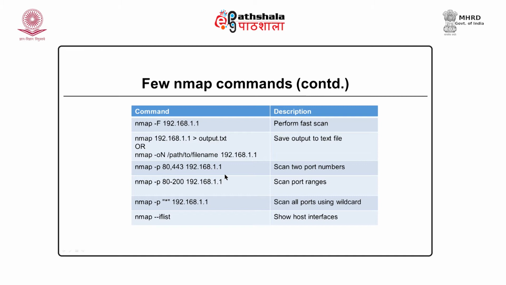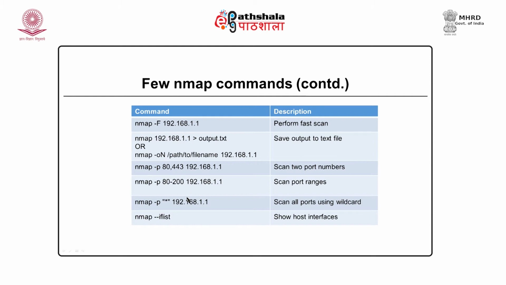Suppose I want to scan 2 ports, then with the option -p I will give port numbers 80 and 443. So, Nmap will scan whether the port 80 is open, it will also scan whether port 443 is open or not. If I want to scan a range of ports beginning from 80 to 200, this is the way we can specify 80-200, we specify the range of the port numbers.